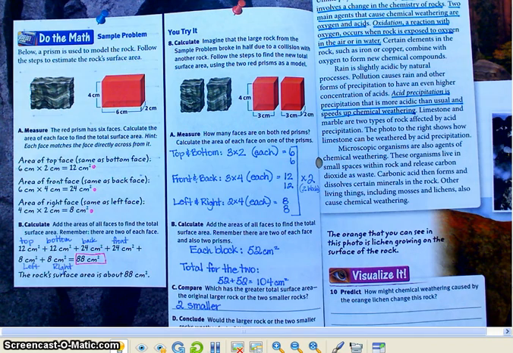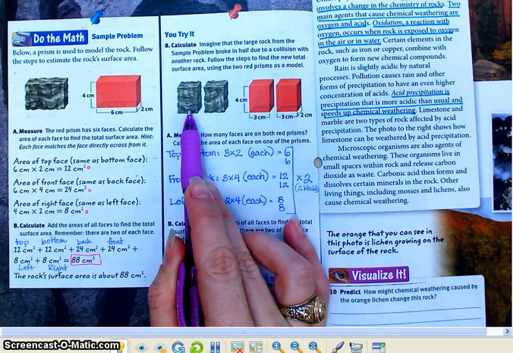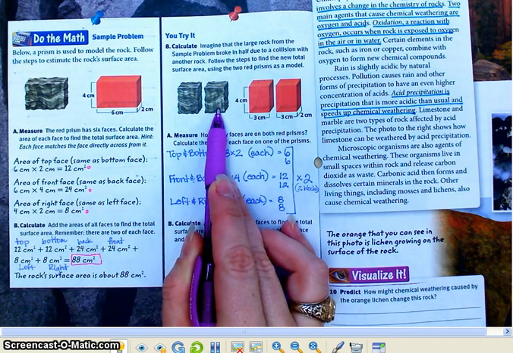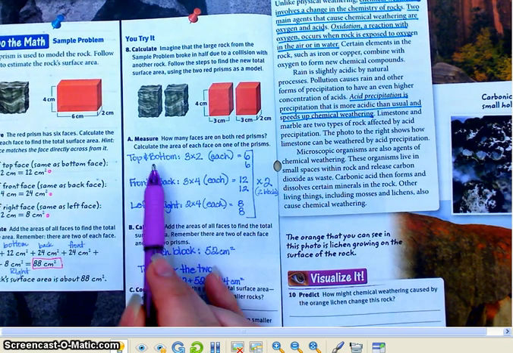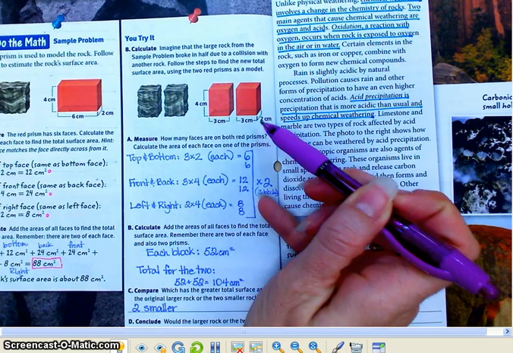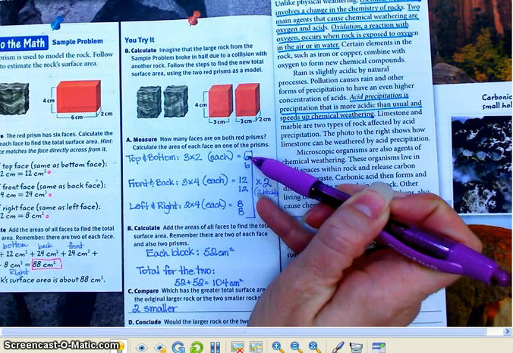Okay? But let's just say that all we did was split this in half. And so now we still have the same amount of rock, but now it's in 2 pieces rather than 1. So now the top and bottom of each is 3 times 2, for a total of 6.